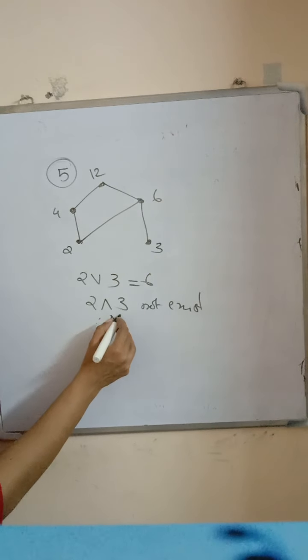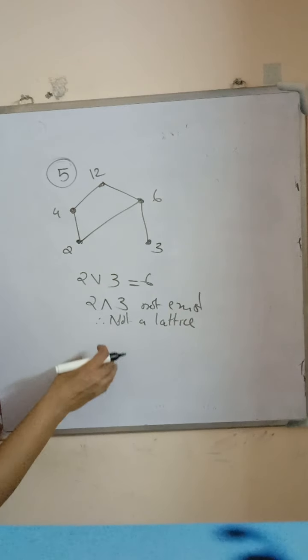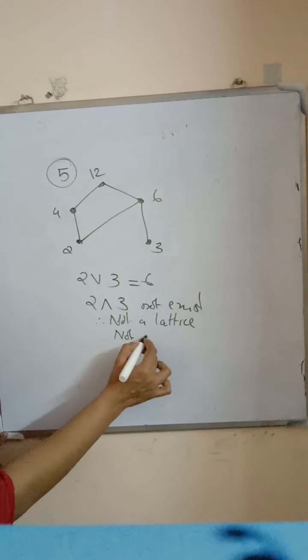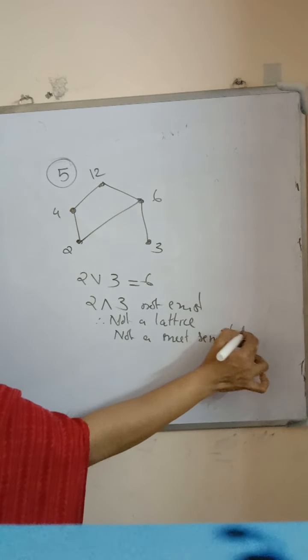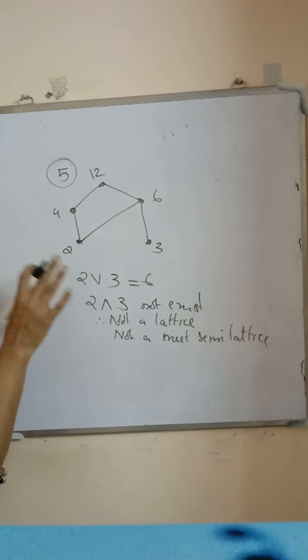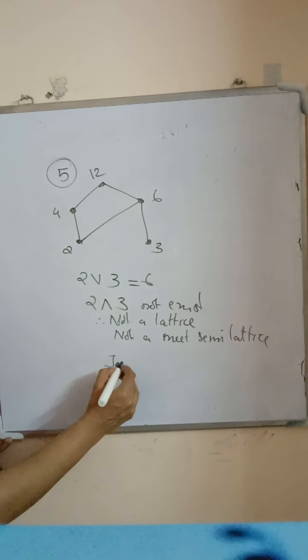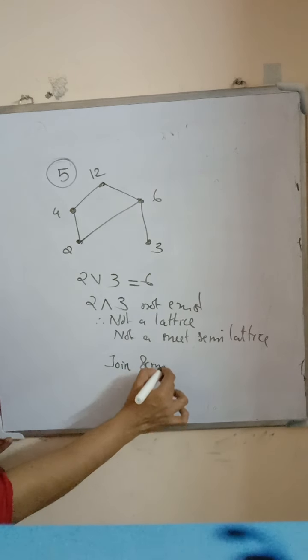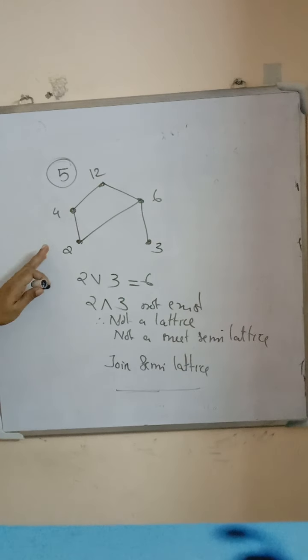Therefore, this is not a lattice, and also not a meet semilattice. Is it a join semilattice? Definitely. For every pair of elements, we find the join of those elements. Therefore, this example is a join semilattice.